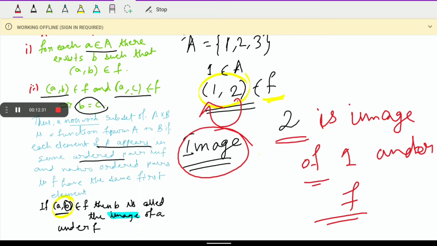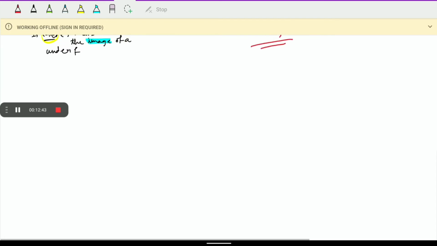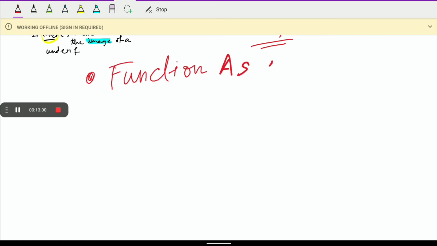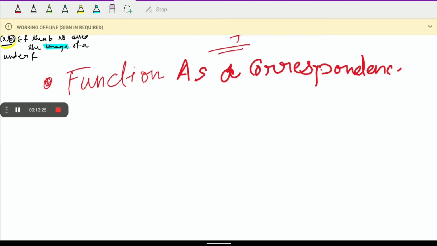Now let's move forward. The next type is function as a correspondence. If you want, you can note this down.